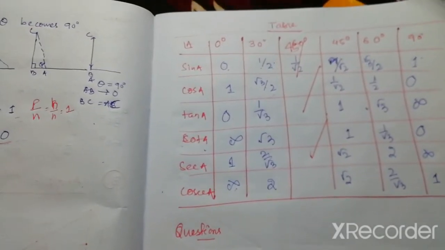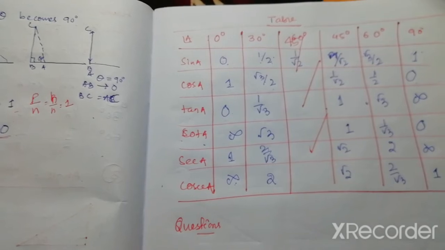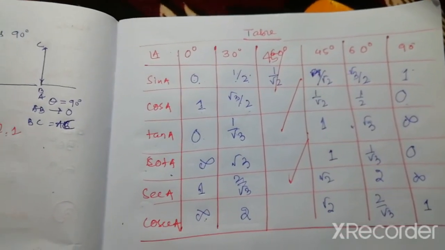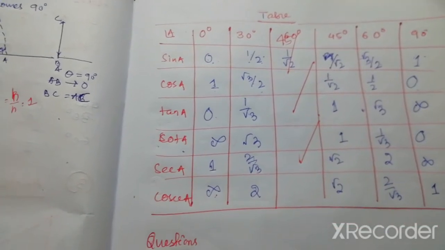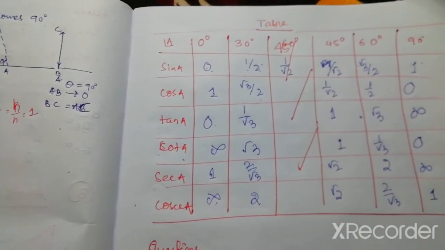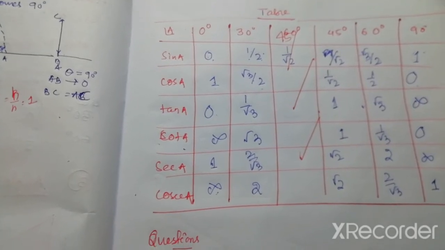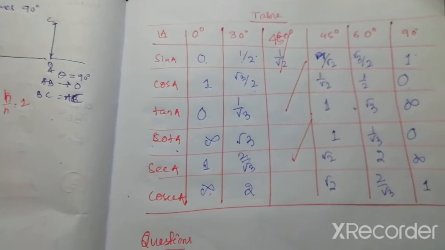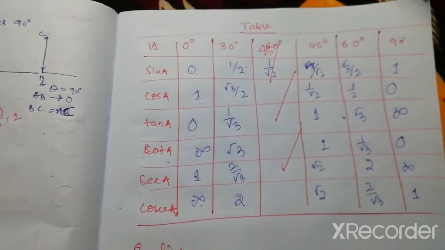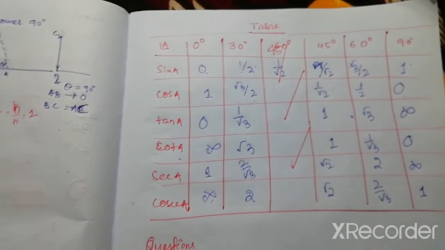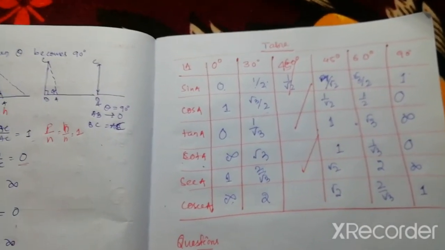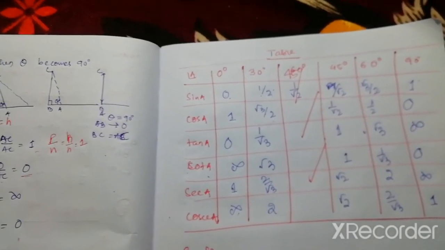You only have to remember the values of sine 0, 30, 45, 60 and 90 degrees. With this short trick, by remembering only sine, you can find cos, tan, cot, sec and cosec.